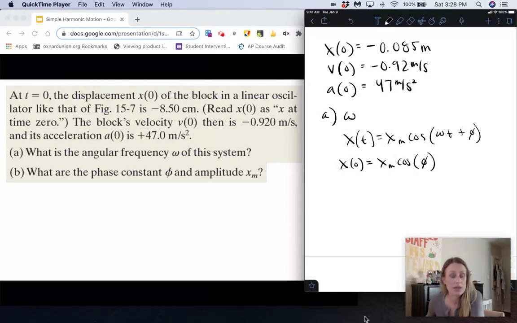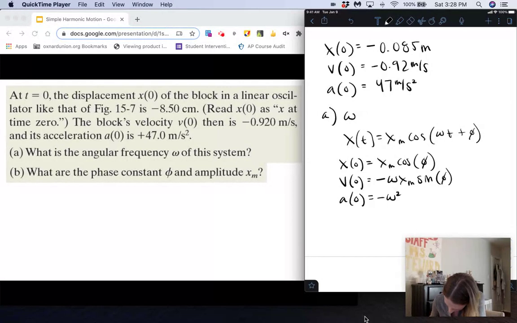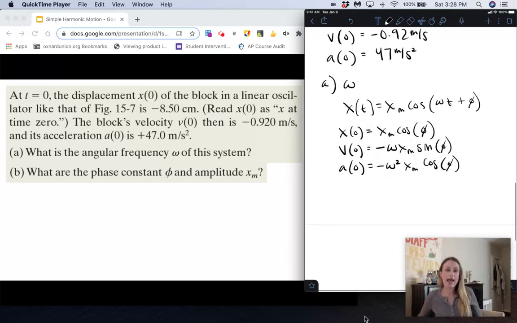Now we can do the same thing with the velocity equation. That's negative omega times x max times the sine of the phase constant. And with acceleration, we get negative omega squared times x max cosine, not sine, of the phase constant.